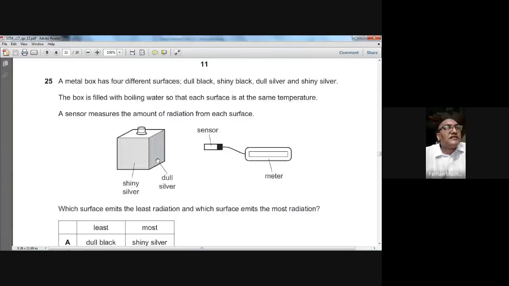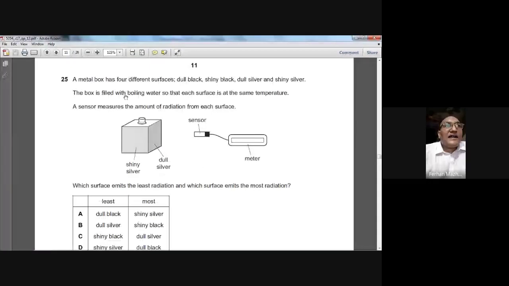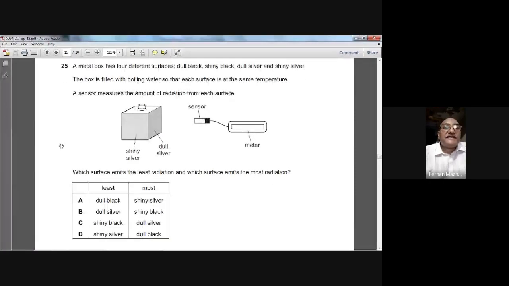Let me reduce the size so you can see the whole question. A metal box has 4 different surfaces: dull black, shiny black, dull silver, and shiny silver. The box is filled with boiling water so that each surface is at the same temperature.